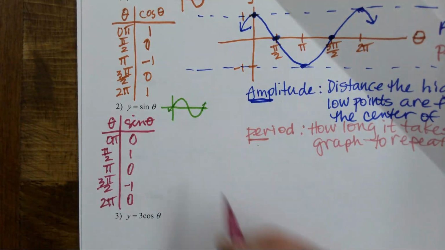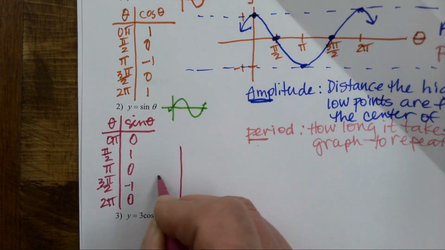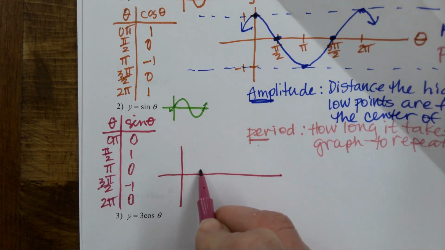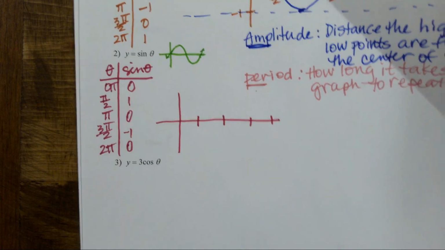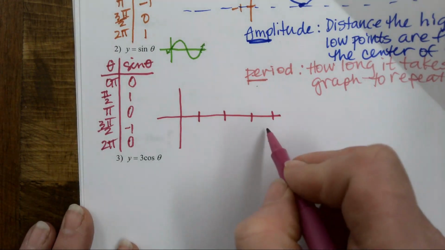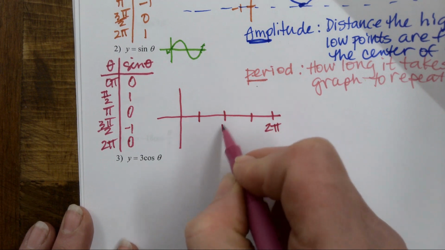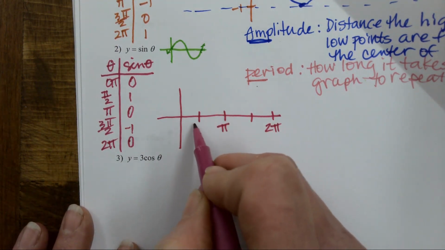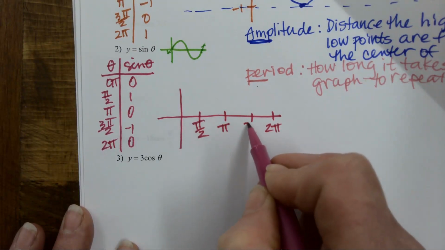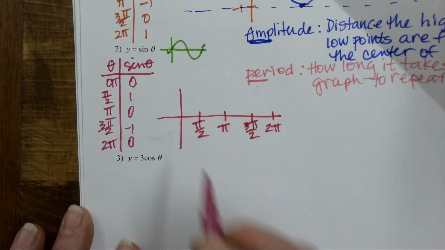And so when I sketch this graph, I'm still using those 4 tick marks. I've done nothing to the angles and nothing to the height or the amplitude of this graph. So all of these are just going to be our regular old 1 lap around the unit circle, basic.